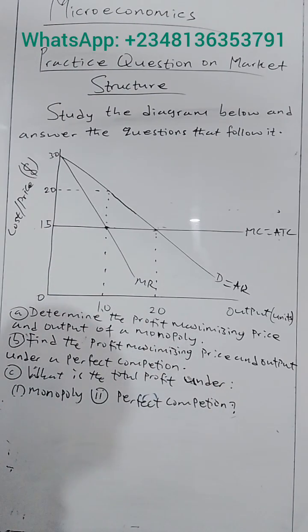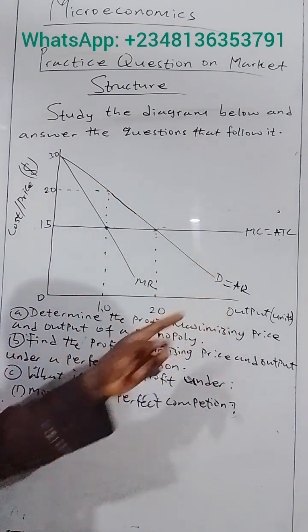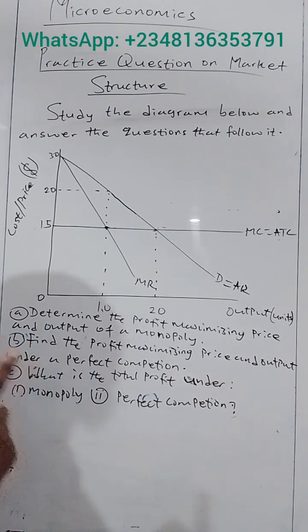So if you think of it as perfect competition, mind you, the perfect market, in a perfect market the demand curve is also downward sloping, so it's not horizontal.